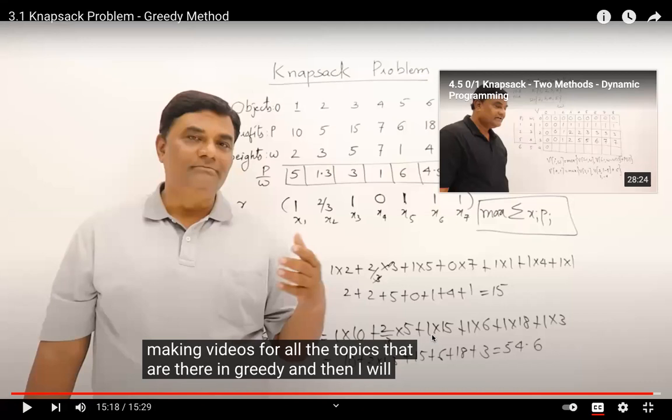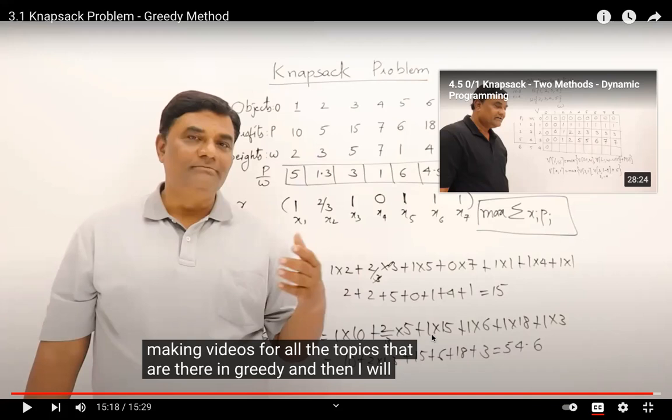I would say if we just have a category of bounded and unbounded, this is a subcategory of bounded, because we are not considering the same object multiple times. It's all on the assumption that this is the final quantity we have for that object, and we can take a fraction out of it. With this approach, the maximum fraction which we can take, we will take the first time itself.